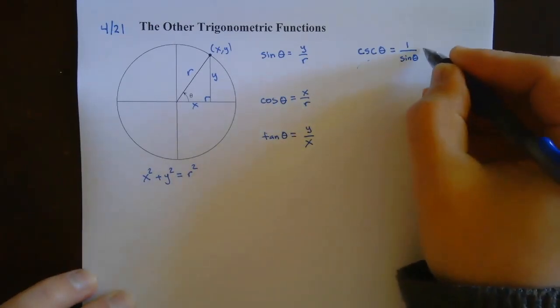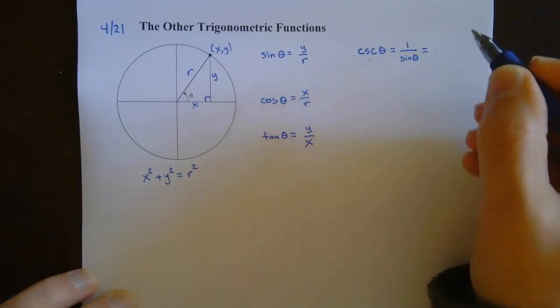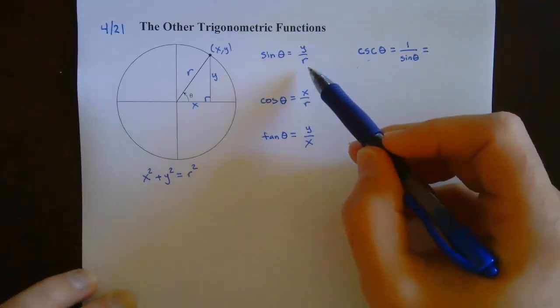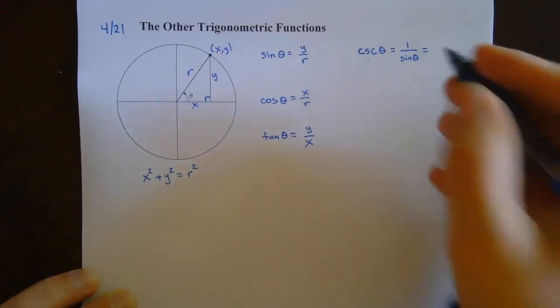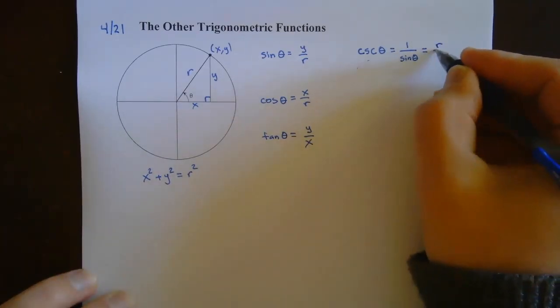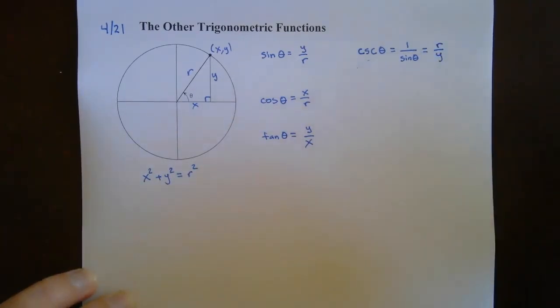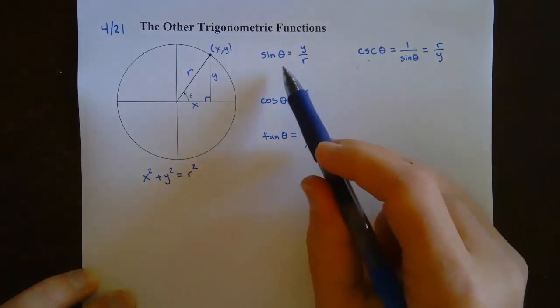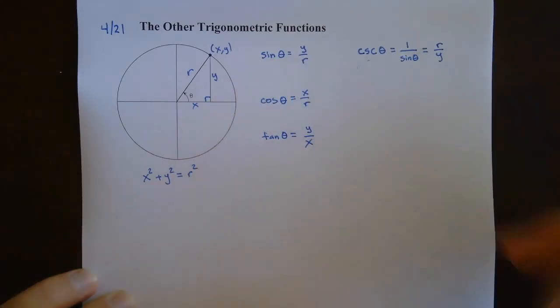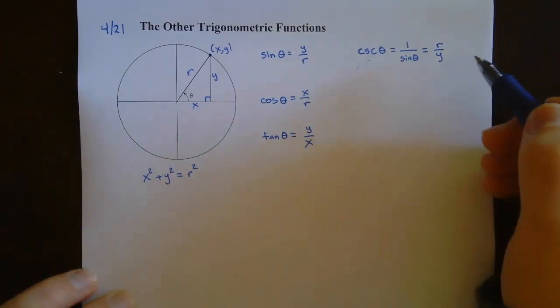So instead of being y over r, this is now going to be r over y. And the way I do it is, if I'm asking for cosecant, I figure out what the sine is, and then I just flip it.